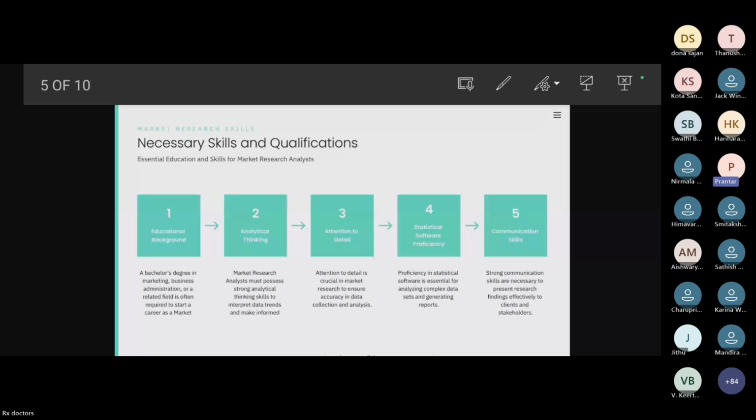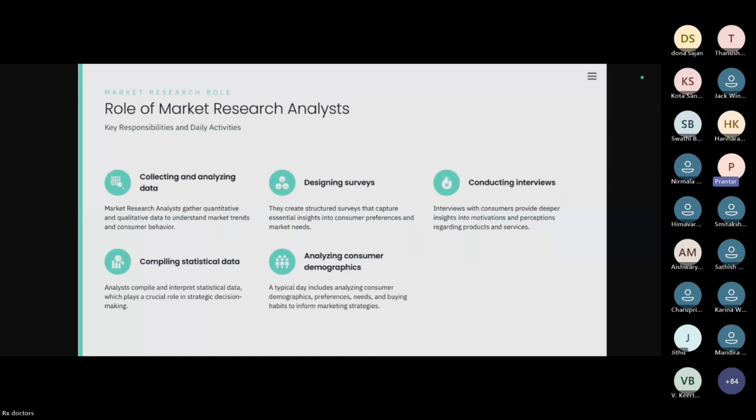Along with that, strong communication is a must. It doesn't have to be mentioned in any kind of job role, strong communication is really important. There would be scenarios as a market research analyst where you would have to conduct interviews in non-English speaking geographies.